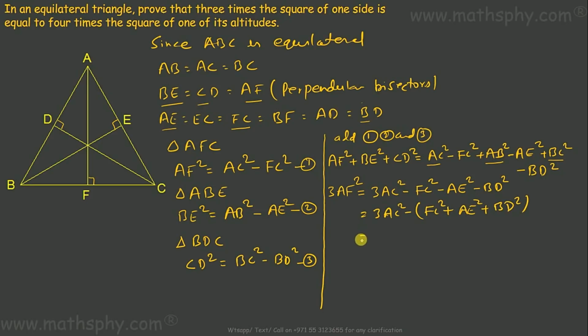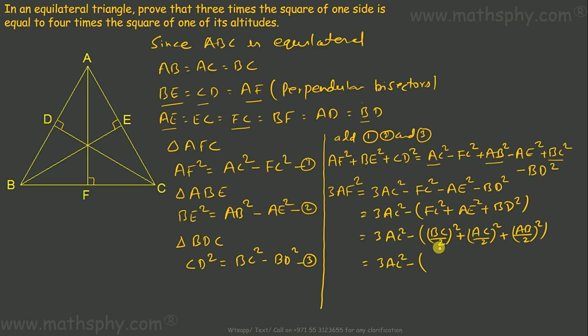Okay. Now 3AC square minus FC square can be written as BC over 2 whole square. AE can be written as AC over 2 whole square. And BD can be written as AB over 2 whole square. Now 3AC square minus BC, AC, AB, again all are equal.